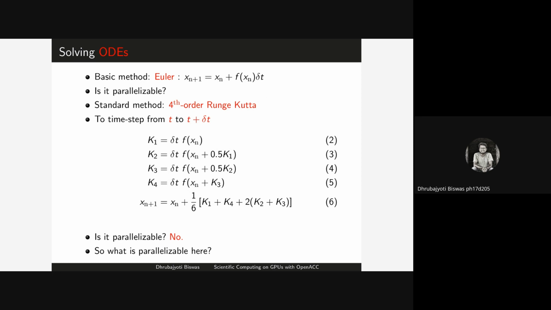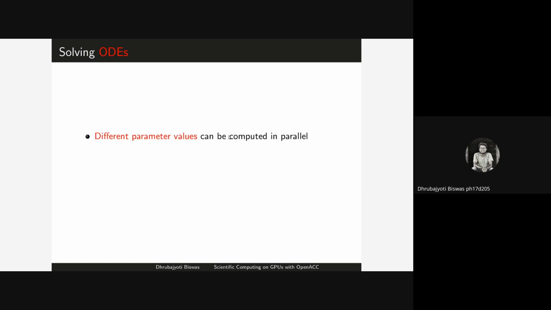Otherwise, there is another way. What is that other thing? Again, as I said, different parameter values can be computed in parallel, but this is what I will discuss now. If x is sufficiently high dimensional and is of a certain form, the evaluation of f can be parallelized. The first one is easy to do.